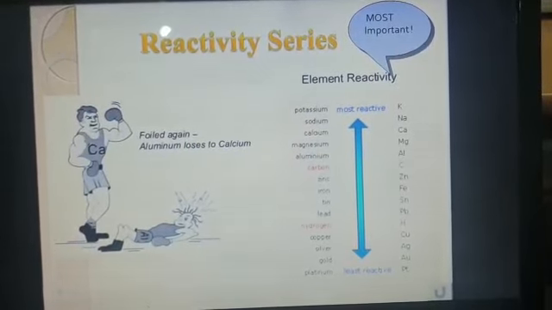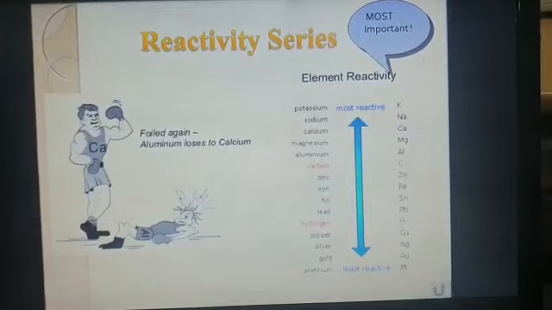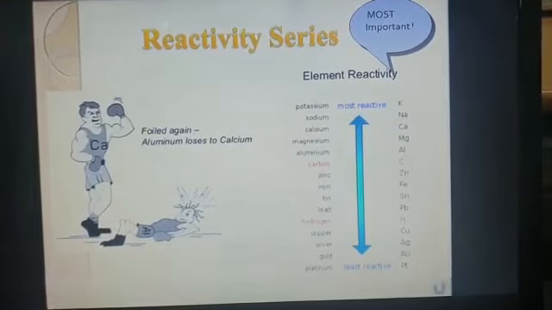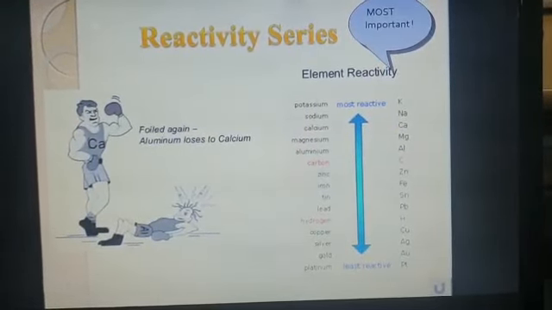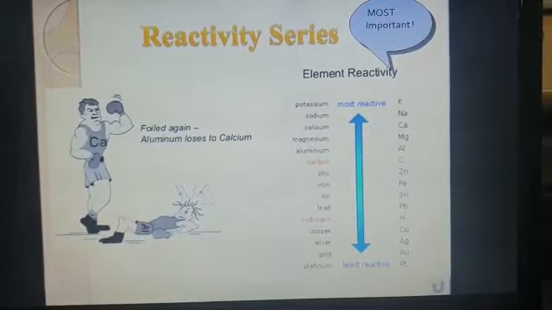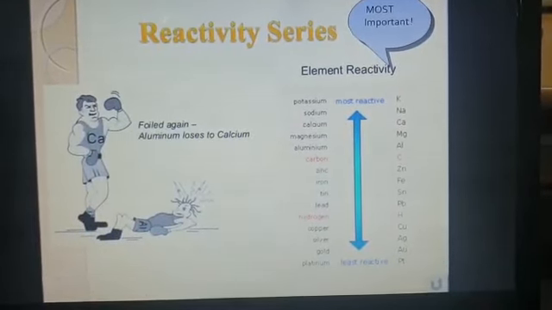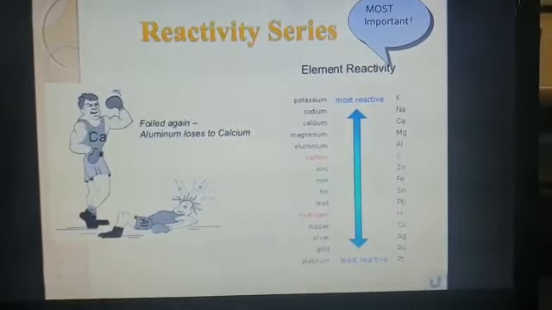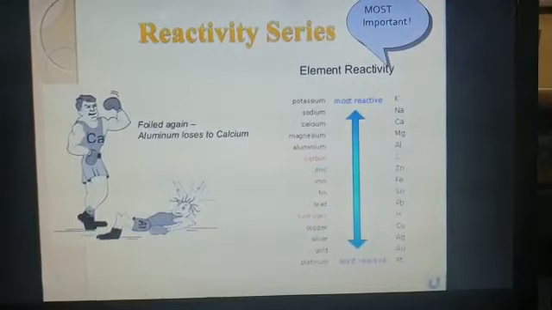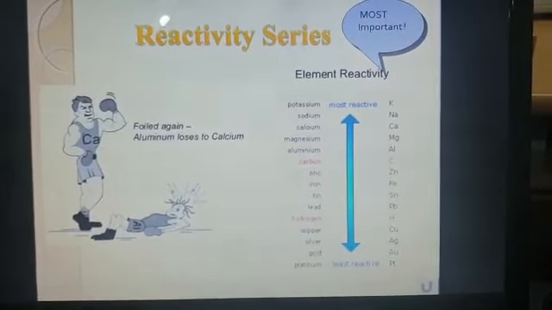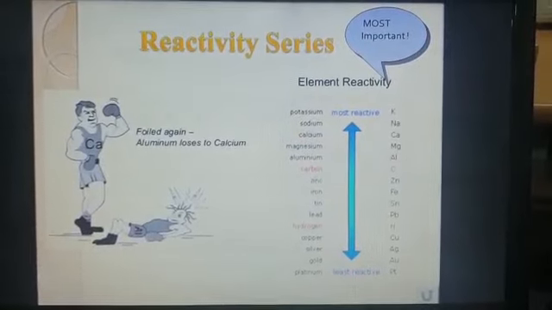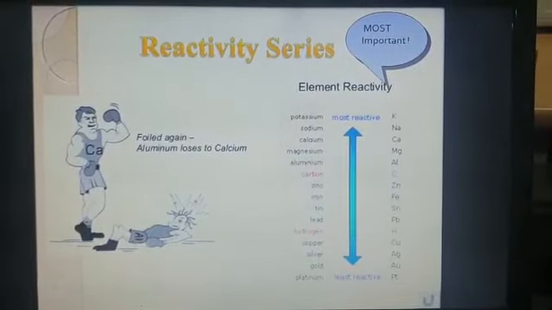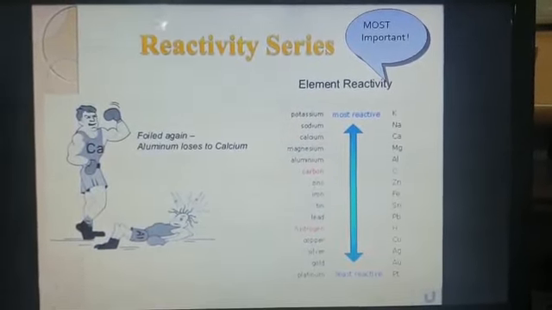Calcium can displace aluminium, but aluminium cannot displace calcium. So the upper elements can displace the lower elements, but the lower elements cannot displace the upper elements from their solutions. So this reactivity series helps to tell us which reaction will take place and which one will not take place.